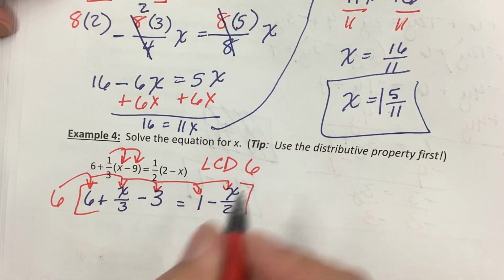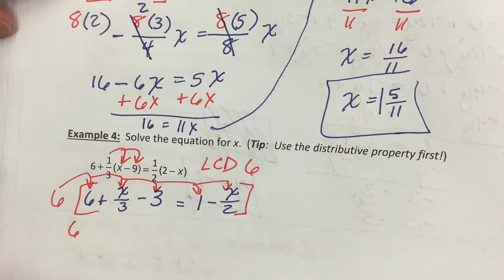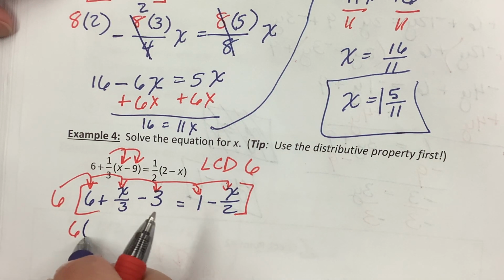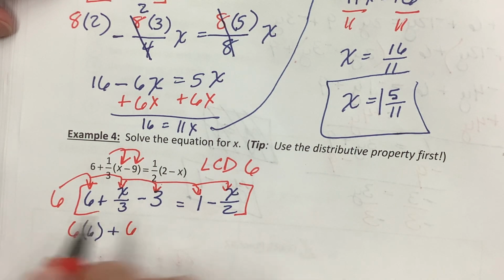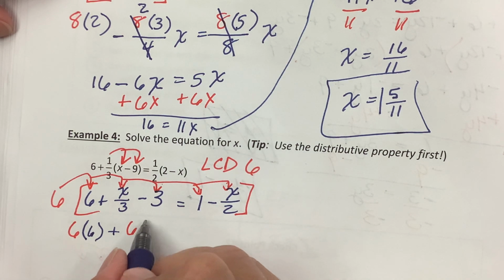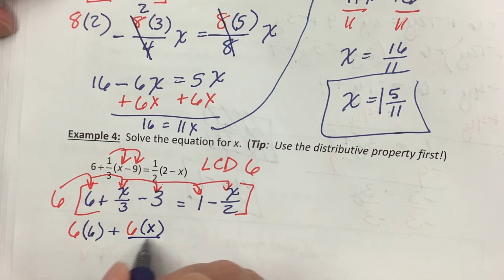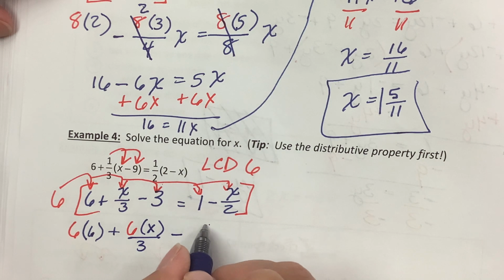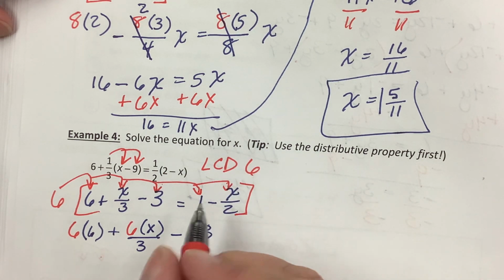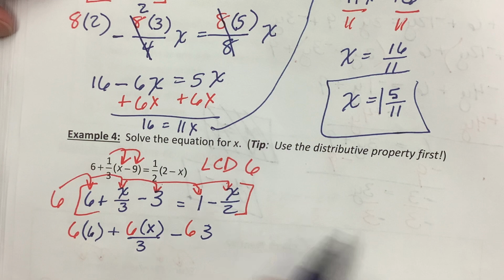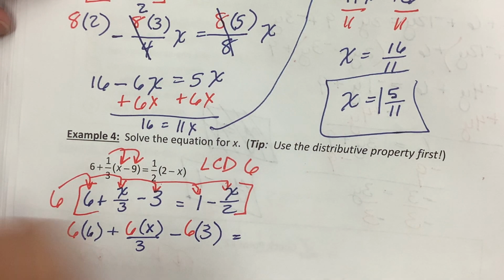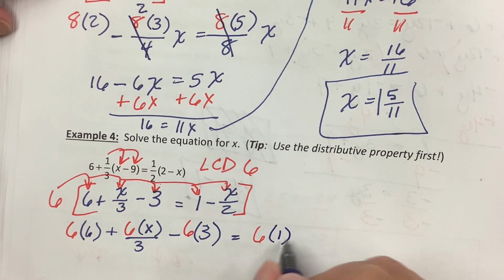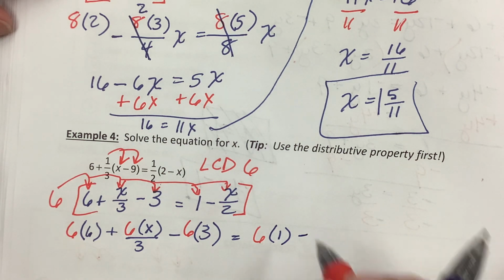Oh, there's a lot of 6s and I'm multiplying here. 6 times 6 plus 6 times x over 3 minus 6 times 3. I forgot the 6. Shh, don't tell anybody. Equals 6 times 1 minus 6 times x over 2.